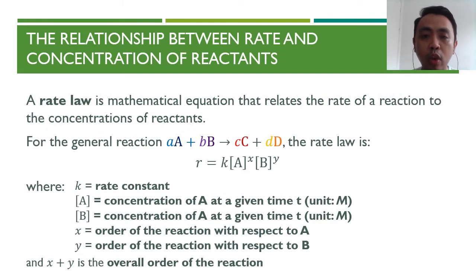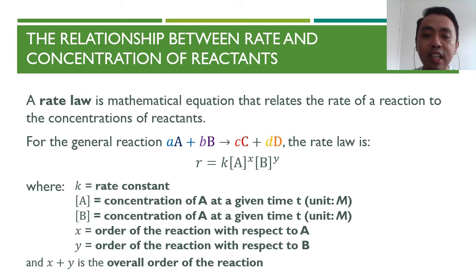Reading LG 2.1 to 2.3, we have learned that the rate of reaction R is proportional to the concentration of the reactants. This relationship between the rate and the concentration of reactants is given by the rate law. The rate law is a mathematical equation that relates the rate of reaction to the concentration of the reactants.